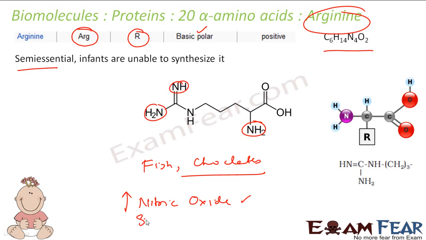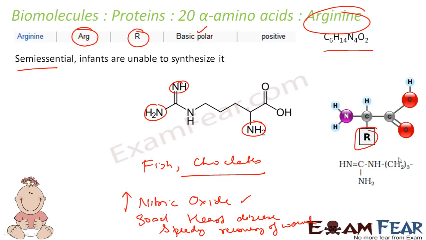It is also good for heart disease. Also good for speedy recovery of wounds. So if you are hurt, then you can use this for speedy recovery. And if you compare this with the general structure of amino acid, you will see this R is nothing but this big compound.